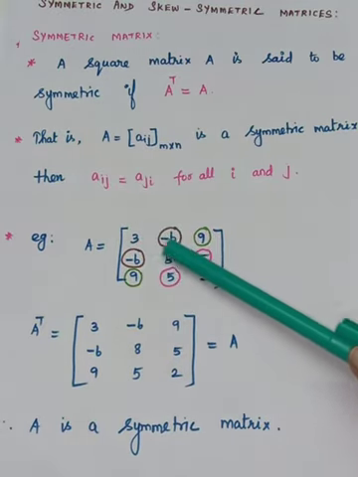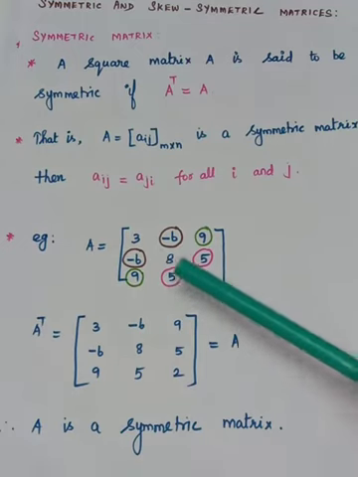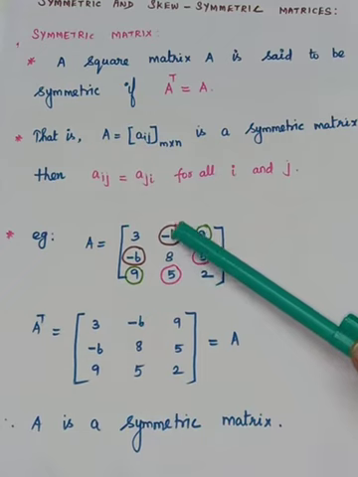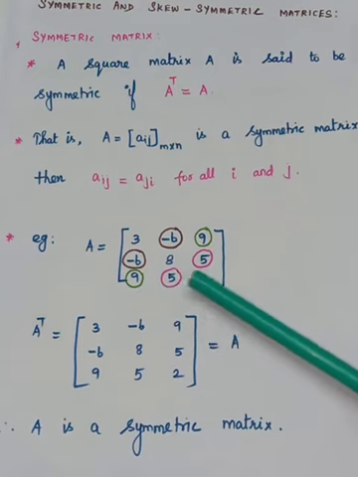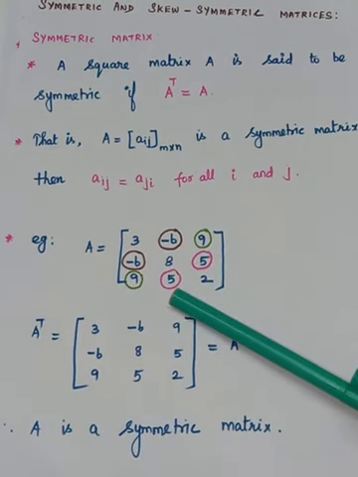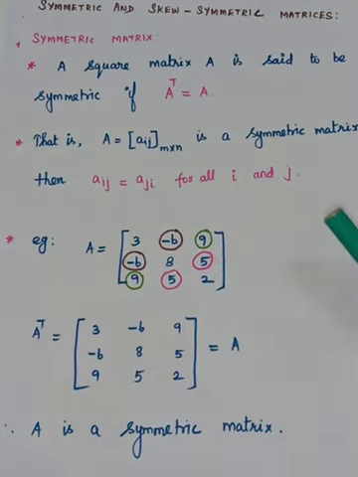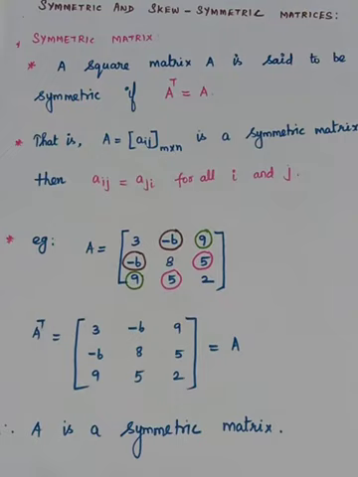So the main diagonal elements, you need not worry about in a symmetric matrix. The main diagonal elements can be any elements, but you see that A12 is equal to A21, A13 is equal to A31 and A23 is equal to A32. So Aij is equal to Aji for all i and j. Then only we can write A transpose is equal to A, and that matrix is a symmetric matrix.